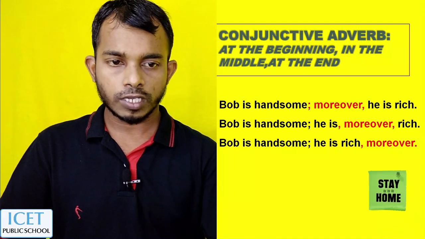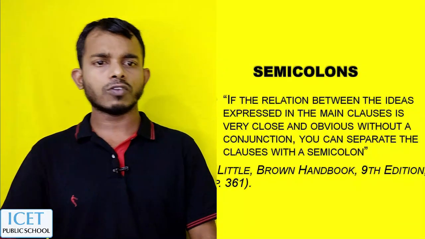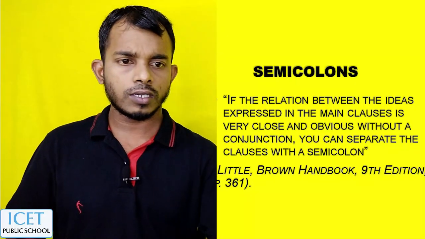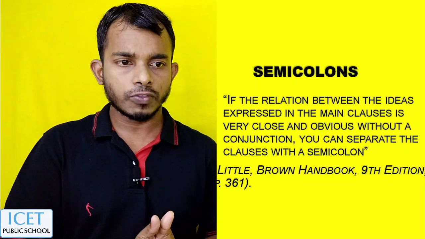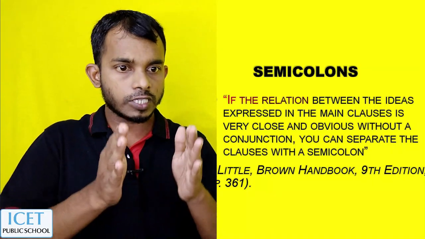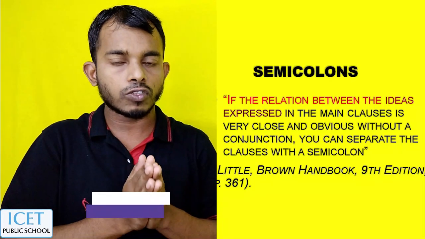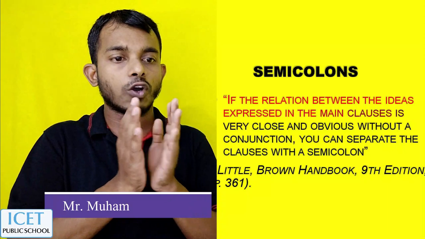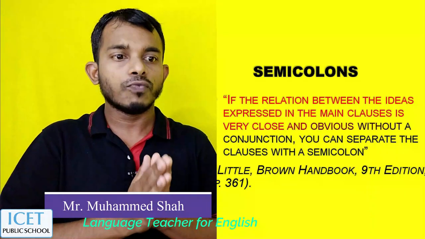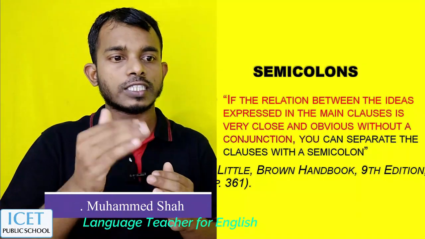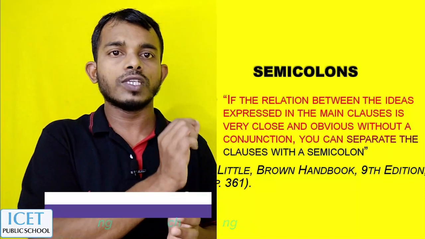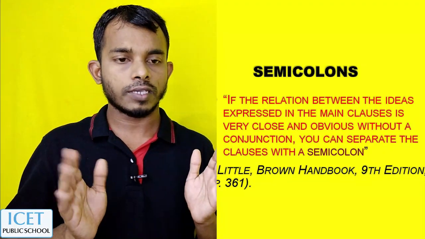So now we can look at the semicolon. If the relation between the ideas expressed in the main clauses is very close and obvious, very clear, without a conjunction you can separate the clauses with a semicolon.